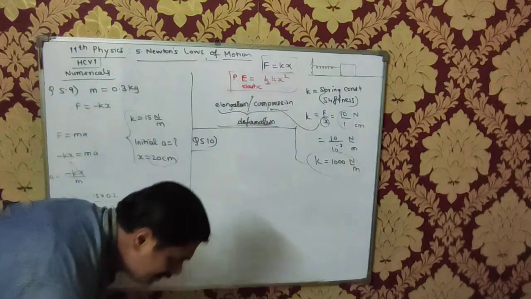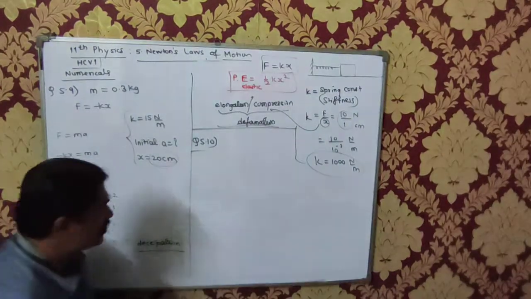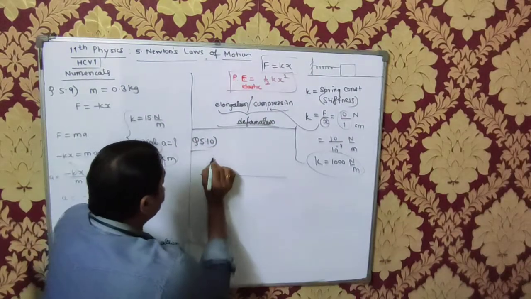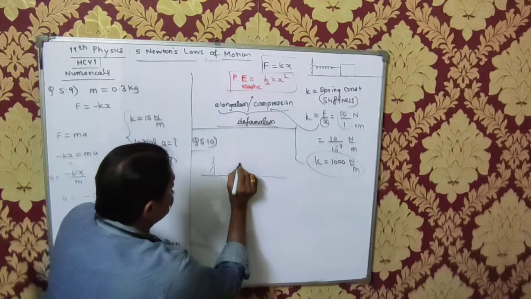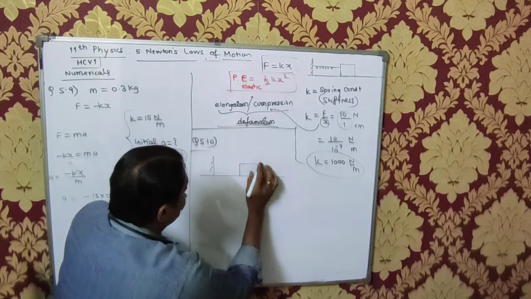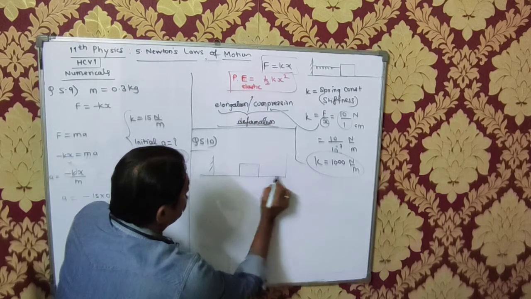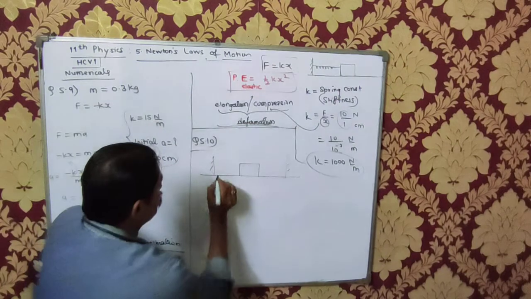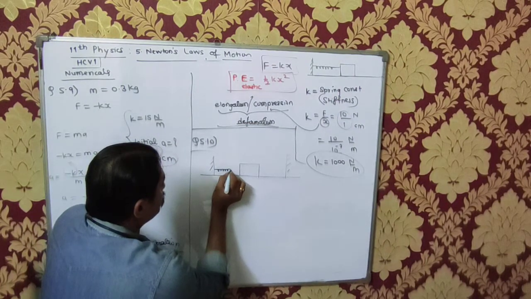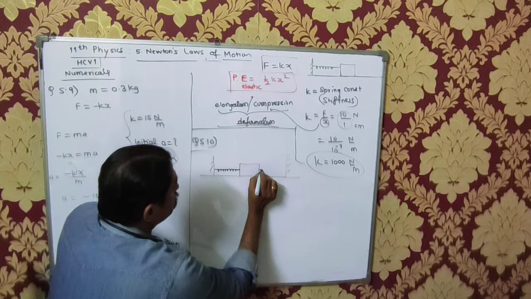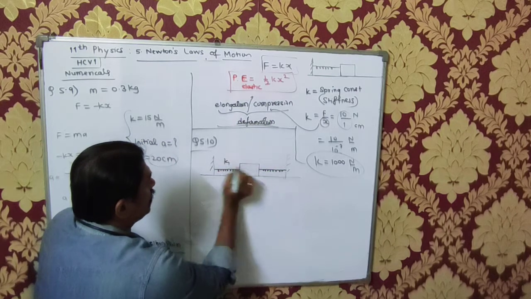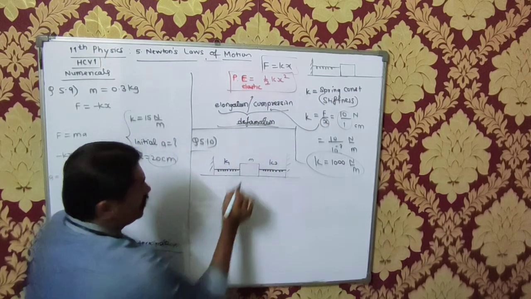The block is displaced and released. The springs are shown here like this. This is the block, and this block is connected to two springs. This is K1 and this is K2, and m is the mass of the block.